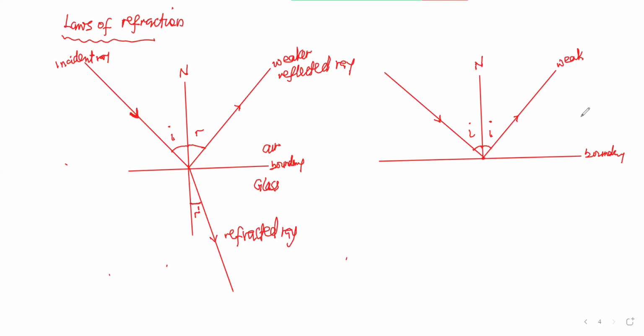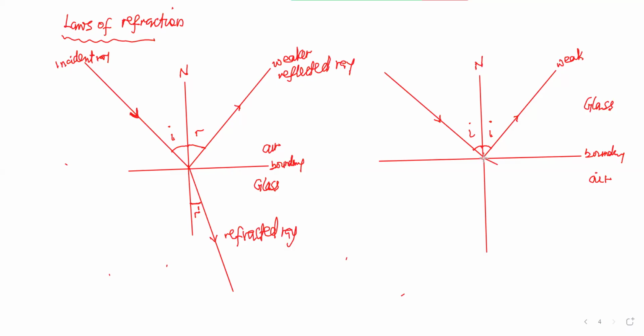Now, because this time around, let's assume the ray is from the opposite direction, glass to air. So from more dense to a less dense medium. Okay. Don't forget that for refraction to occur, the two media must just have different densities.